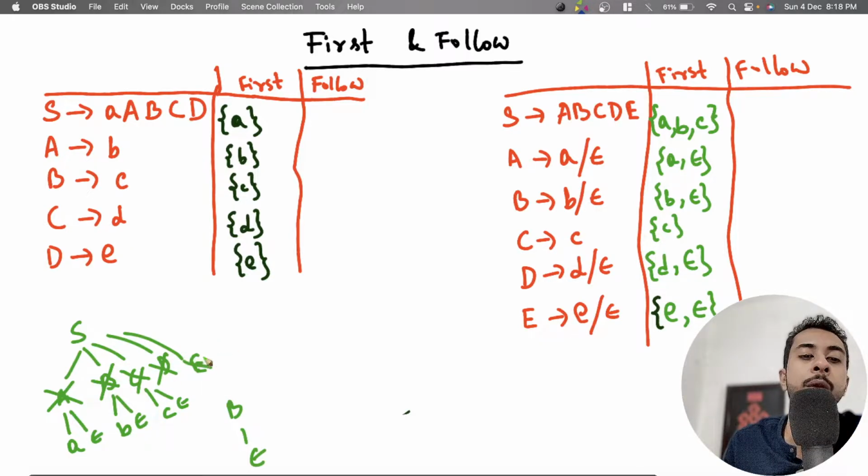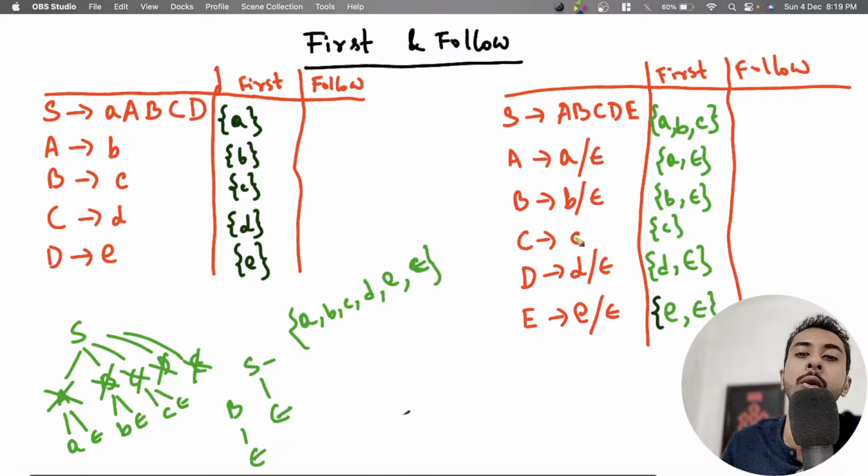If everything could have been made null, then S could produce epsilon directly, and in that case I would also write epsilon here. The result would have been a, b, c, d, e followed by epsilon. But here C is producing only small c, it is not producing epsilon. That is why the answer is a, b, c. That is the first of this. Okay, fine.